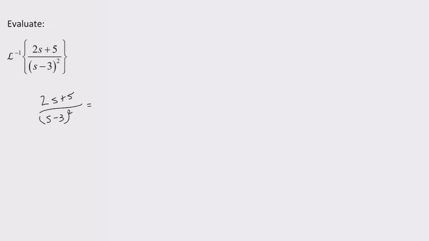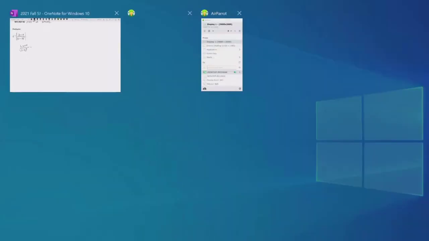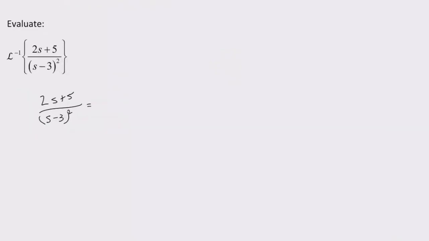And that's where partial fraction decomposition is going to come out. And so in partial fraction decomp, there is a case where there's a repeated root. And so our fraction is going to look like a over s minus 3 plus b over s minus 3 squared.